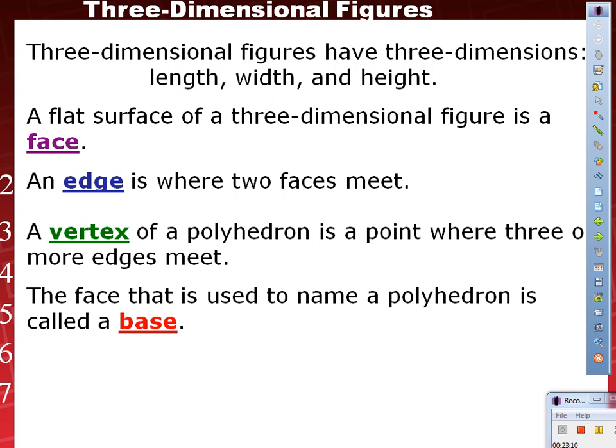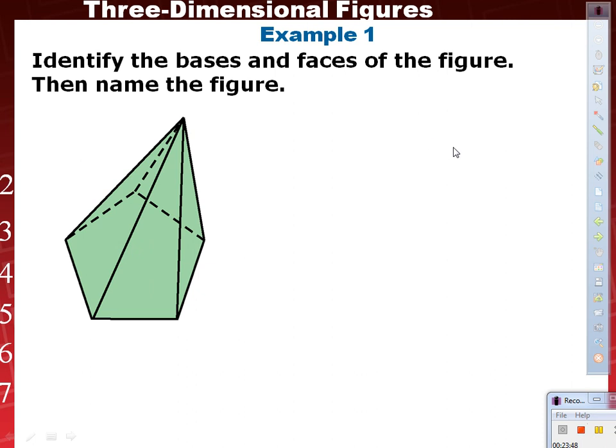I helped you with the non-examples and the examples on how to sketch those. Now we're moving on to an example. See if you can sketch this by yourself. If you want, turn the page over and write Example 1. It says identify the bases and faces of the figure and then name the figure.